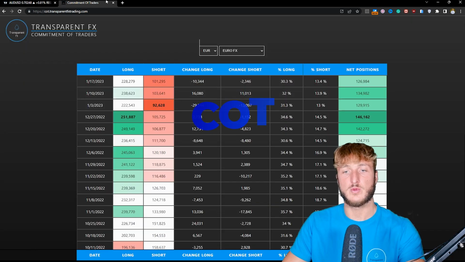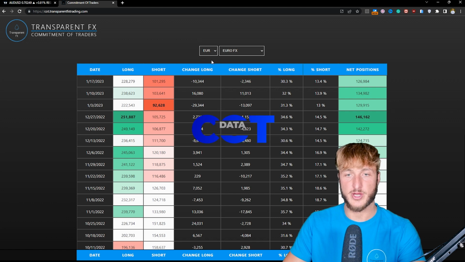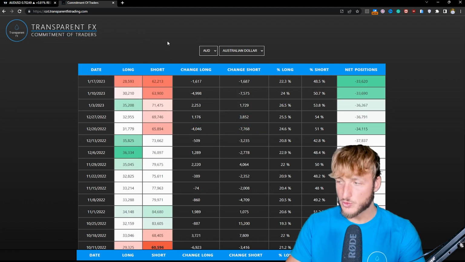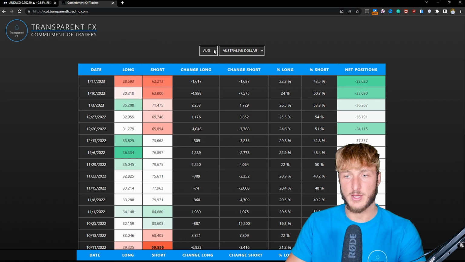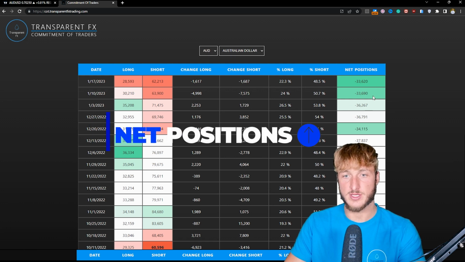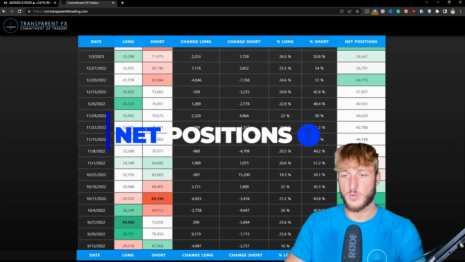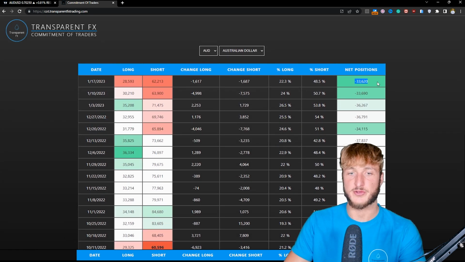Now, if we go and see what we have when it comes to the commitment of traders, so the COT data, which is what the non-commercials, so the biggest speculators in the market are doing, which are essentially hedge funds, we can see that on the AUD with the last reports, net positions started increasing. We went from having minus 51k net positions, we now have minus 33k net positions. So overall, we can see how shorts are getting closed.